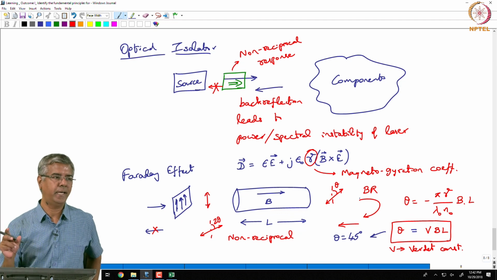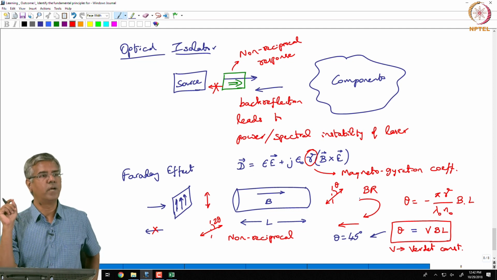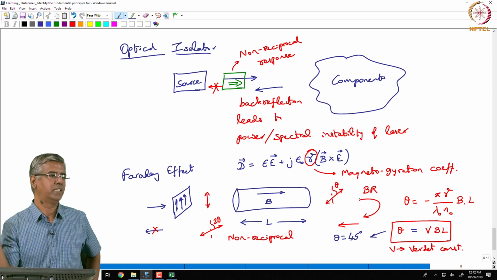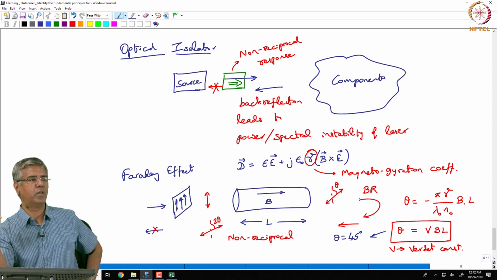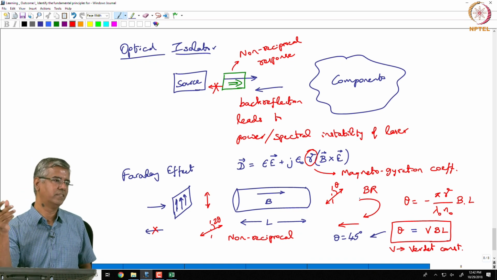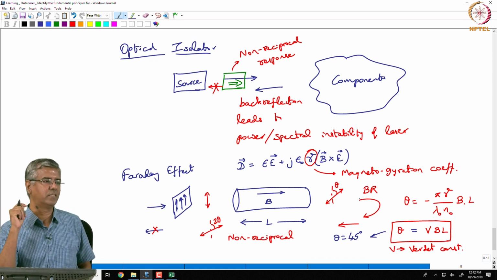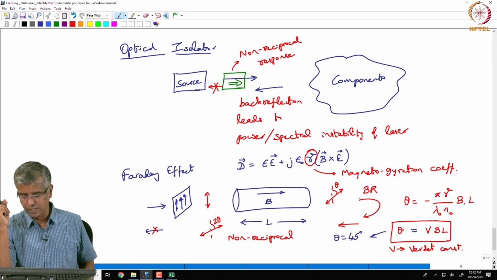So, a Faraday isolator, that is what this device would be called, for one wavelength will not provide the same isolation as some other wavelength, because for some other wavelength theta would not be 45 degrees, and you would have to go through Malus law essentially to determine how much light is actually going through, right. So, it won't work as a perfect isolator.